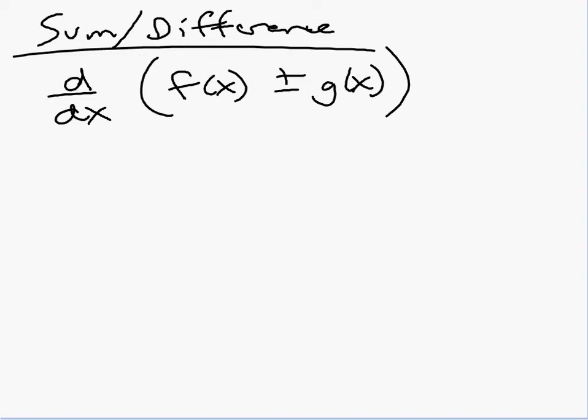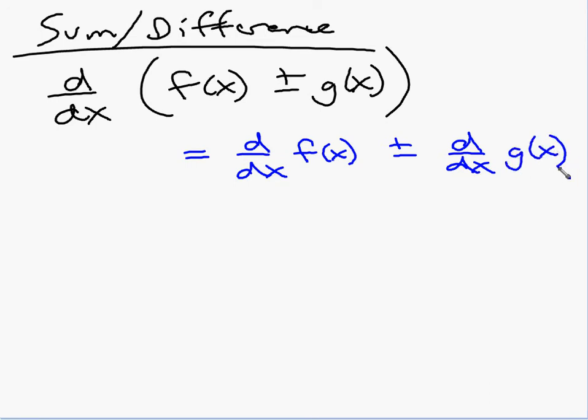So I can do the derivative of f of x plus or minus the derivative of g of x. There might be 5 things added together. Who knows? But I can just do each one individually if they are added or subtracted together.